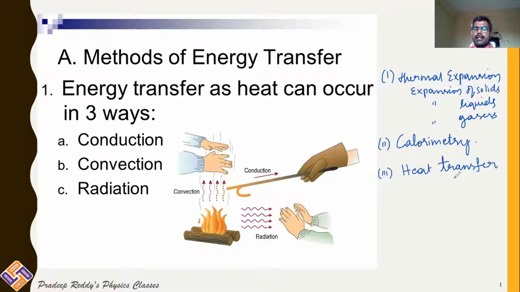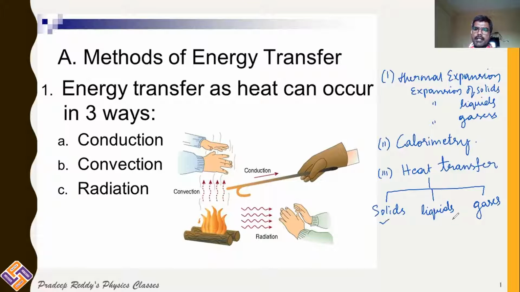Heat transfer. As we know, matter is classified into 3 different types: solids, liquids, and gases. Sorry, instead of fluids, I'll be taking it as liquids. So solid, liquid, and gases. Heat transfer takes place in solids.